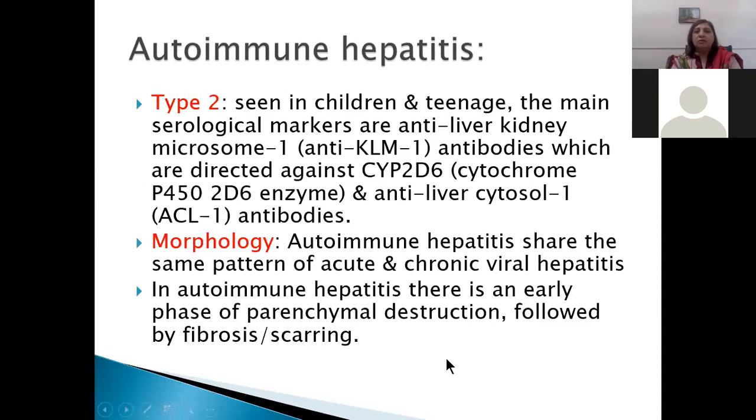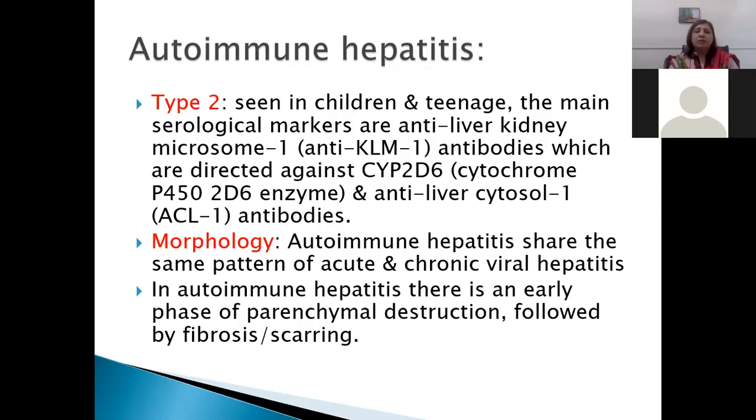The main serological markers are anti-liver kidney microsomal 1 antibodies, which are directed against the cytochrome P450-2D6 enzyme, and anti-liver cytosol 1 antibodies, ACL1 antibodies. So in type 2 there are 2 kinds of antibodies.